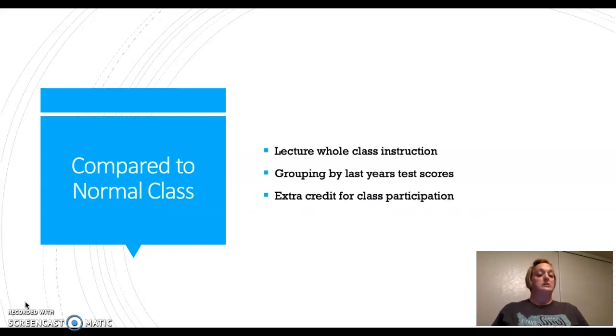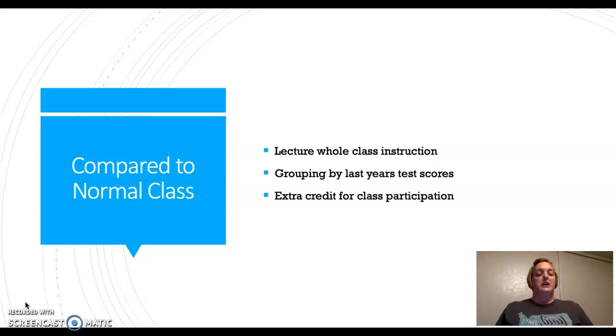And when we compare a differentiated classroom to a regular classroom, in a regular classroom, some teachers will lecture the entire class. And some students just don't get everything that is said during a lecture, because sometimes the lecture goes fast enough that a student can't catch all the information or write notes down for all of it.